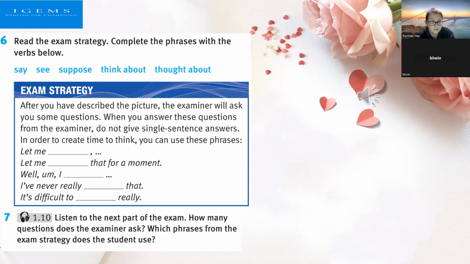In order to create time to think, you can use these phrases. Let me blank. Blank that for a moment. Well, I blank. I never really blank that. It's difficult to blank really.